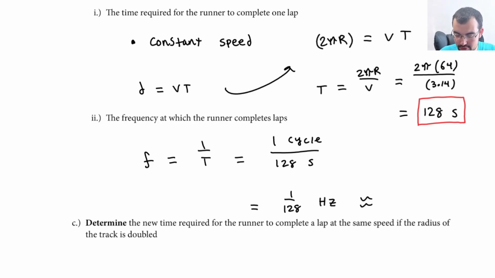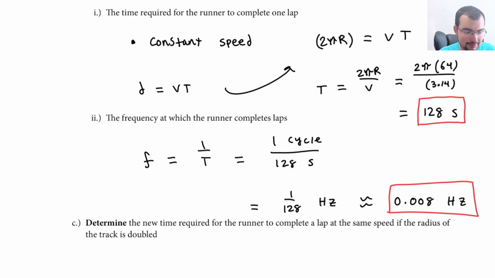And I'll compute what that is. That's like 0.008 hertz. So every second the runner completes 0.008 of a lap.